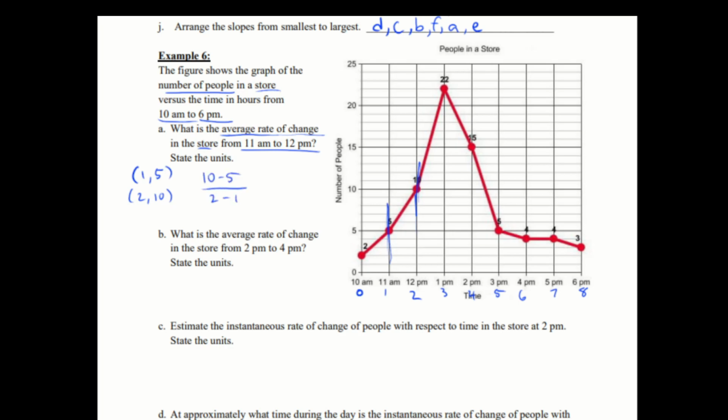And then we just use our slope formula, and we get 5 people per hour. Between 11 a.m. and 12 p.m., there's an average of 5 people per hour. That is what we're saying.